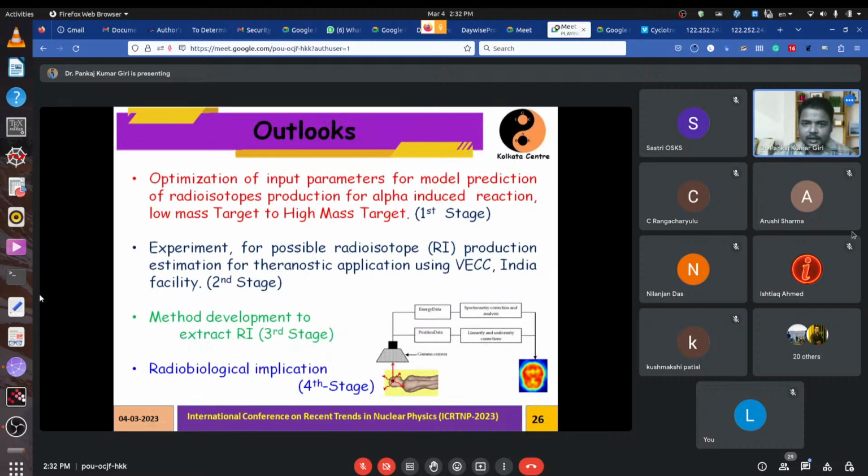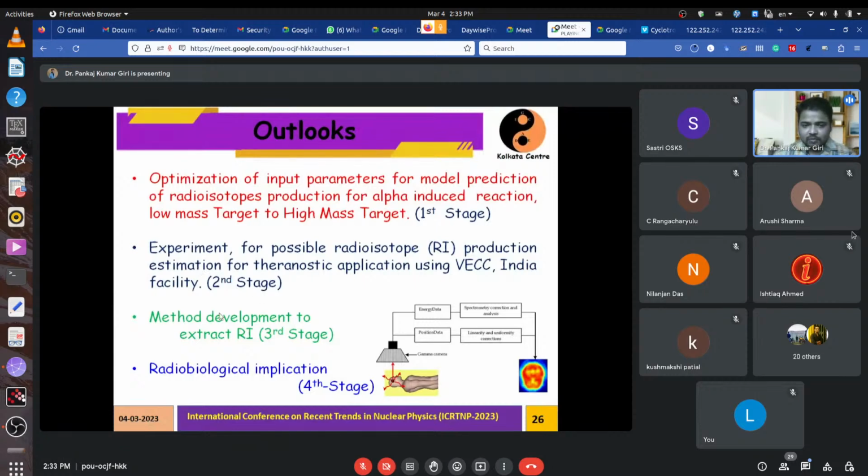The outcome of our work is the optimization of input parameters for model prediction, which was done in the first stage. Now we are in the second stage of our plan, the experiment for the possible radioisotope.